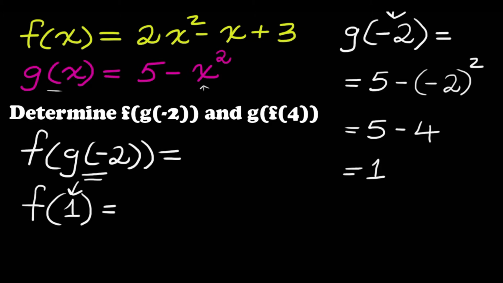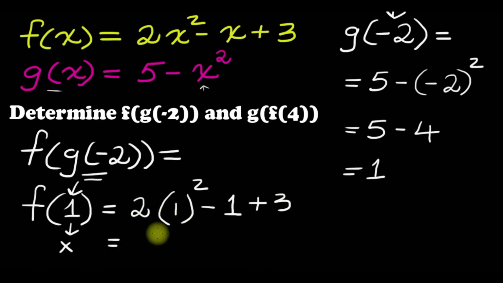So we know that x is 1 because it's f of 1, right? So the 1 is the x. So we're going to go 2x squared, so that's 1 squared, take away x, take away 1, plus 3.